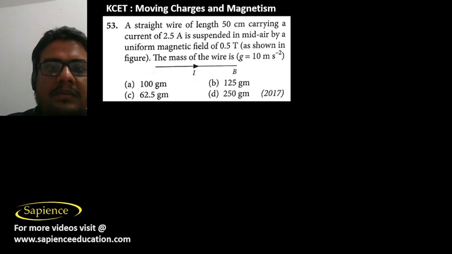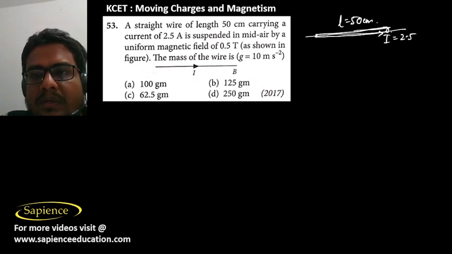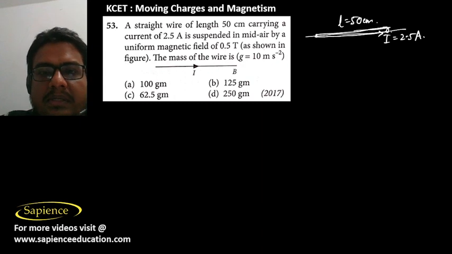Then a straight wire is there, which has length 50 centimeter, and it is carrying a current of 2.5 ampere. It is suspended in mid-air by a uniform magnetic field.